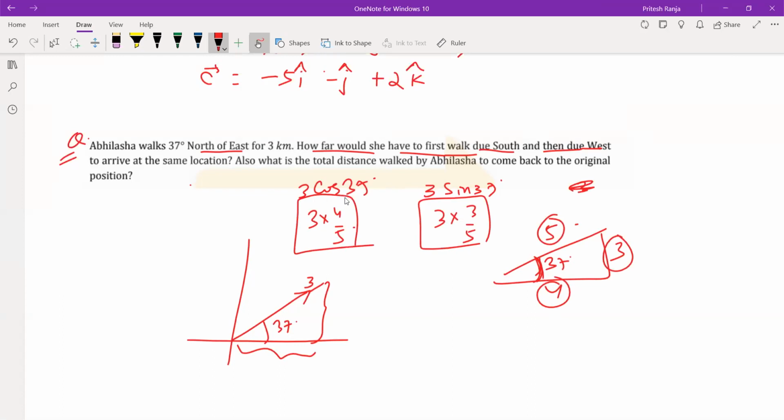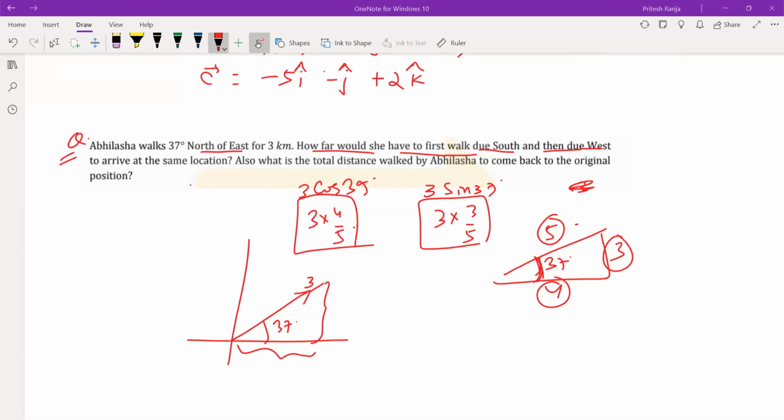Also, what is the total distance walked by Abhilasha to come back to the original position? Total distance traveled to come back. That means you have to multiply the result with 2, right?